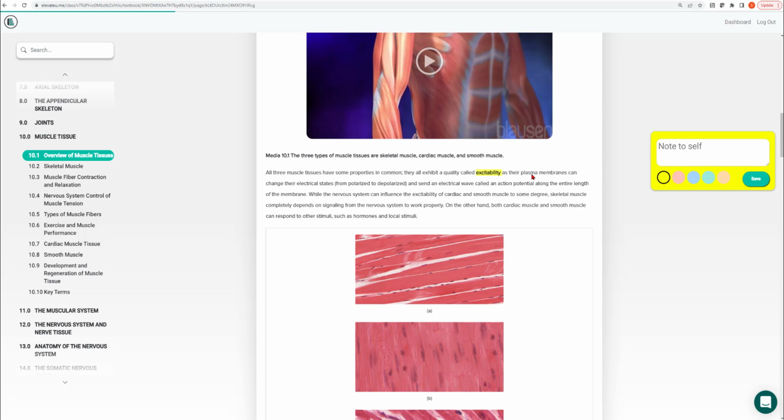We haven't talked about how this works yet, but just know that muscles are going to receive signals from the nervous system, and that signal is going to excite the muscle. And when muscle tissues are excited, they contract. That's what makes muscle tissue so unique, in that it changes its shape, right? It's excitable. And that is true of all three muscle types, cardiac, smooth, and skeletal.